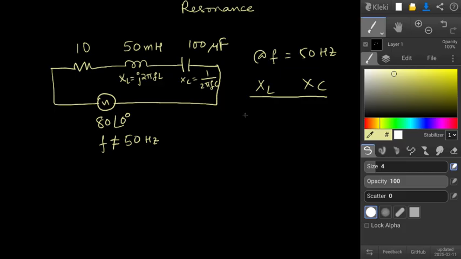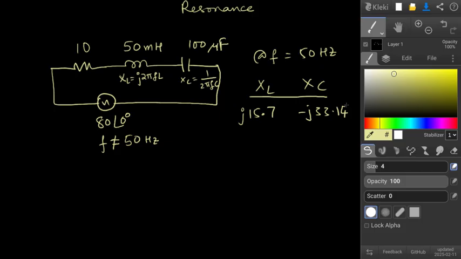So this one was 15.7, right? And this was minus J 33.14 or something like that. Again, I'm just approximately remembering the values like this.